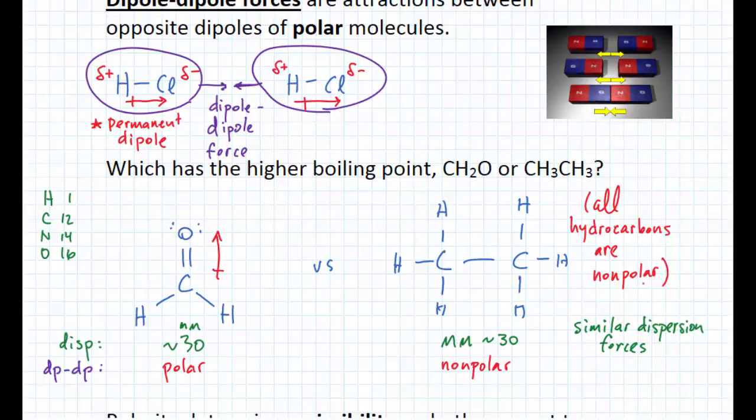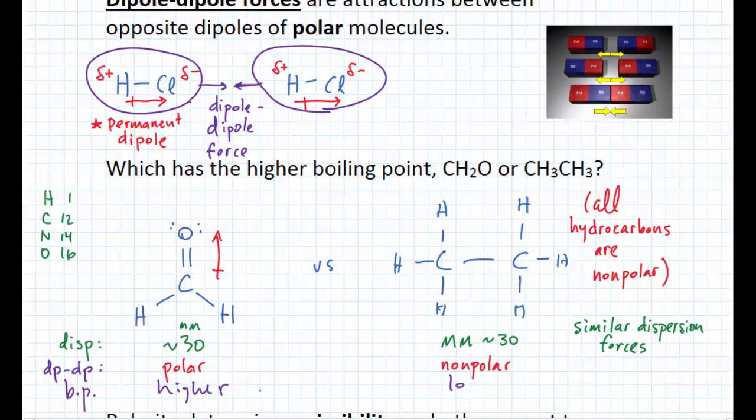So dispersion forces don't tell us much in this case, but given that one molecule is polar versus the other nonpolar, which one of these do you think will have the higher boiling point? You got it. Boiling point, higher.